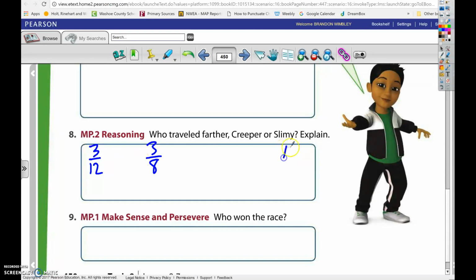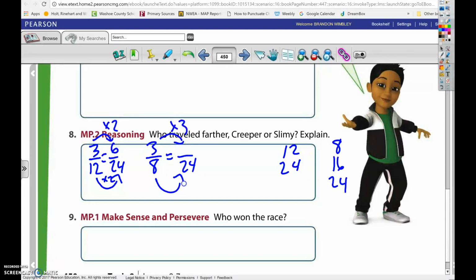I'm going to make my multiples of 12, 12, 24. And if I know my multiplication facts well, which hopefully I do, I know it is 8, 16, and 24. So that means my denominator will be 24. And then again, how to get from 12 to 24, that was times 2. Times 2, so that will be 6. This was times 3, since 8 times 3 is 24. And I get 9.